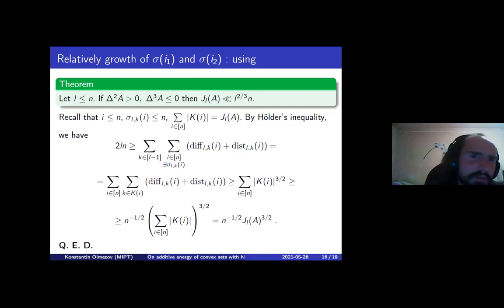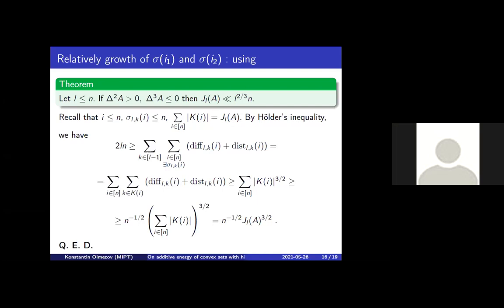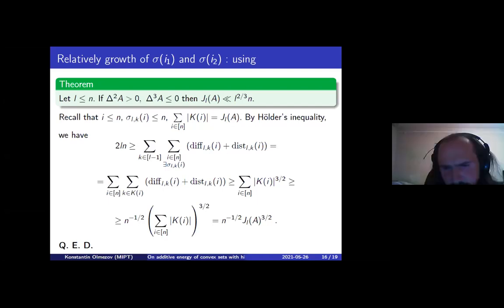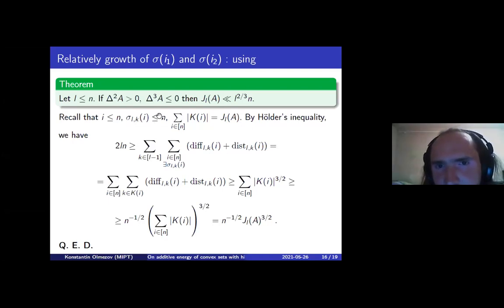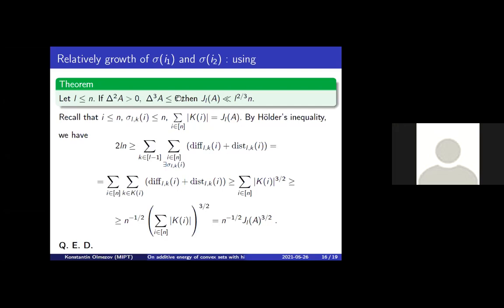I mean the general case where we have no assumption about third derivatives? Yes. No, unfortunately, I cannot get those bounds. And if we assume something about third derivatives, what would we have to assume? If we wanted the second derivatives to be negative, what would we have to have for the third derivatives to make it work?